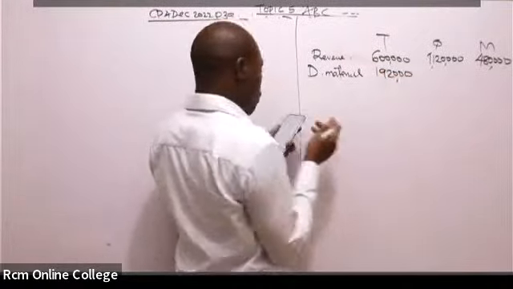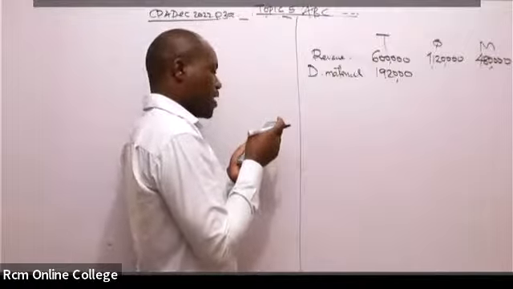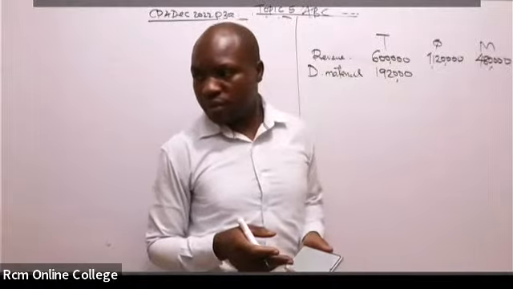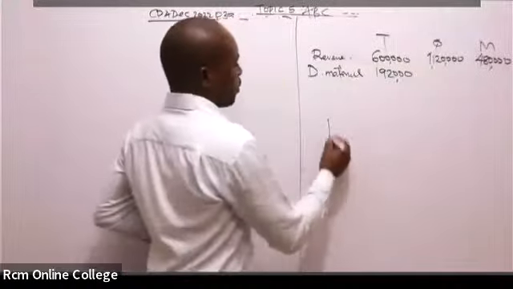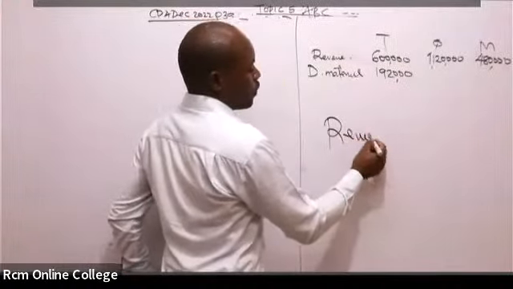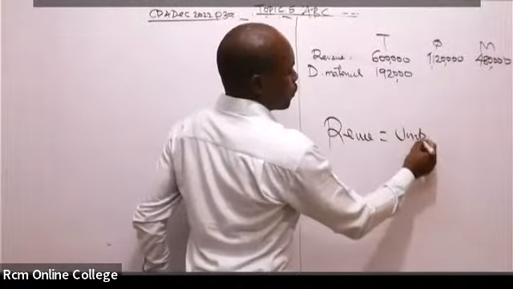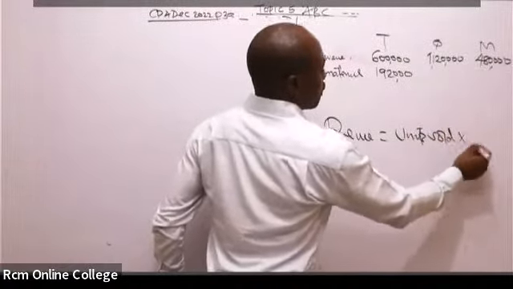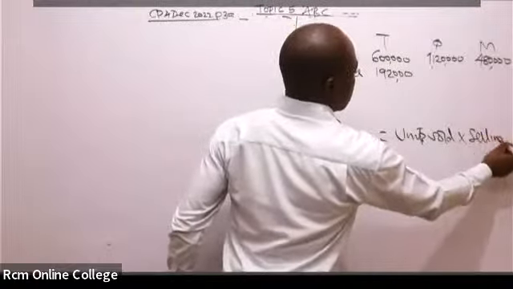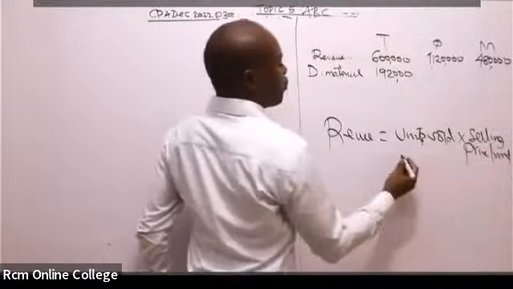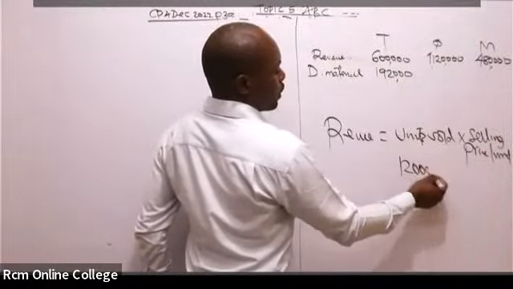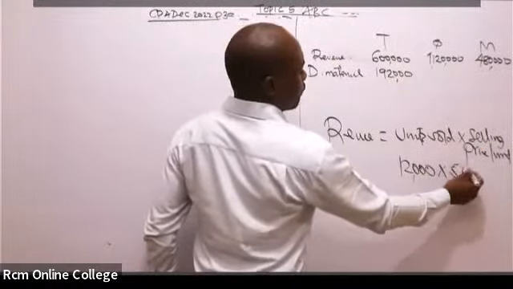The same trend to continue. We have 24 by 16,000. Revenue is equal to units sold times selling price per unit. Units sold 12,000, selling price per unit 50.